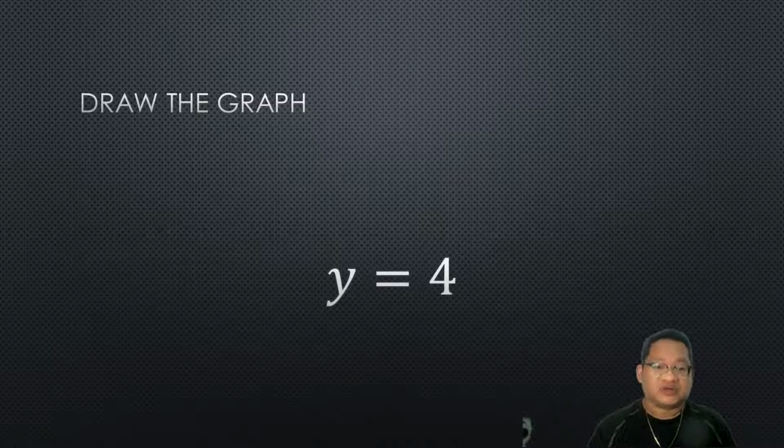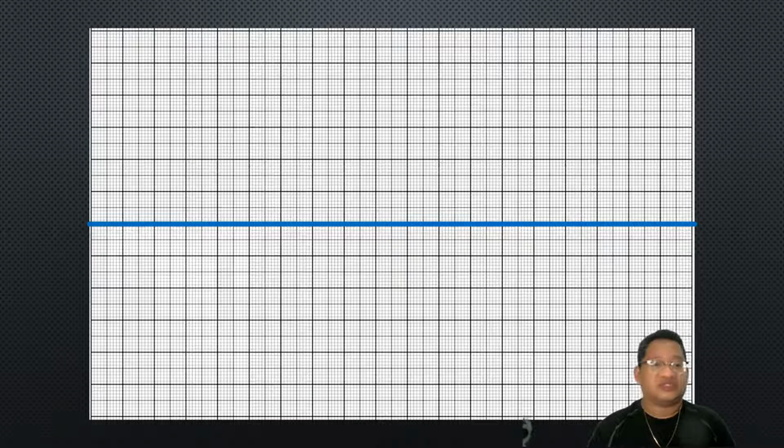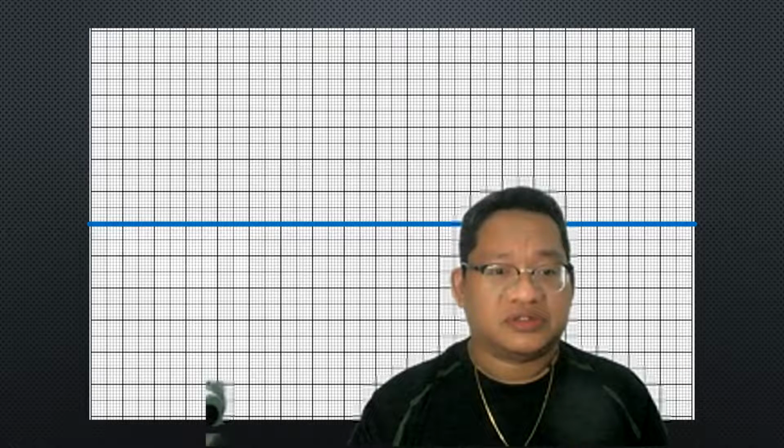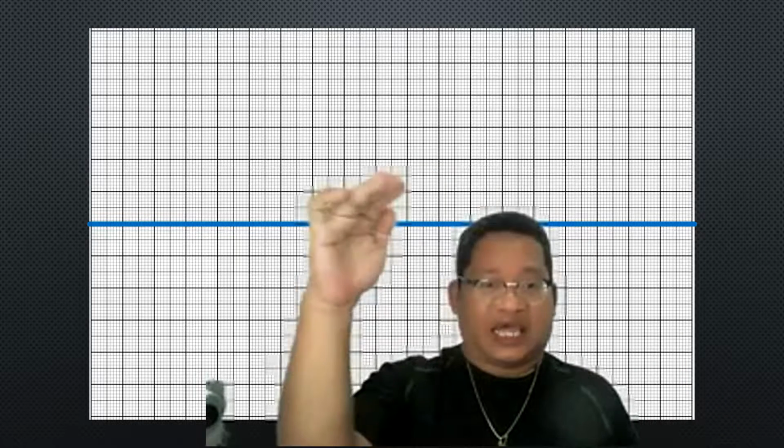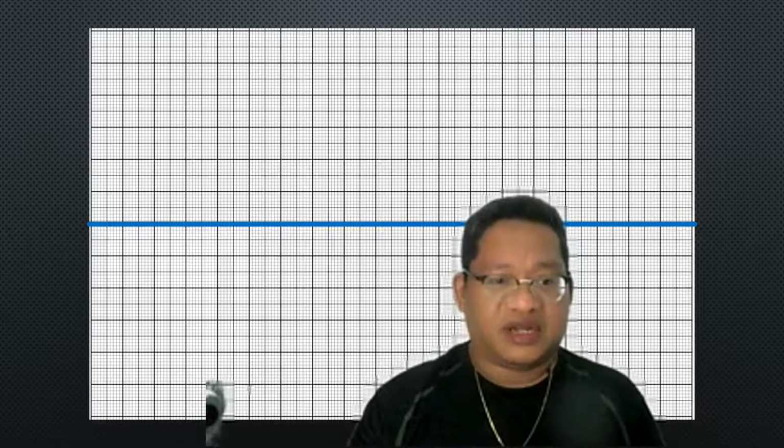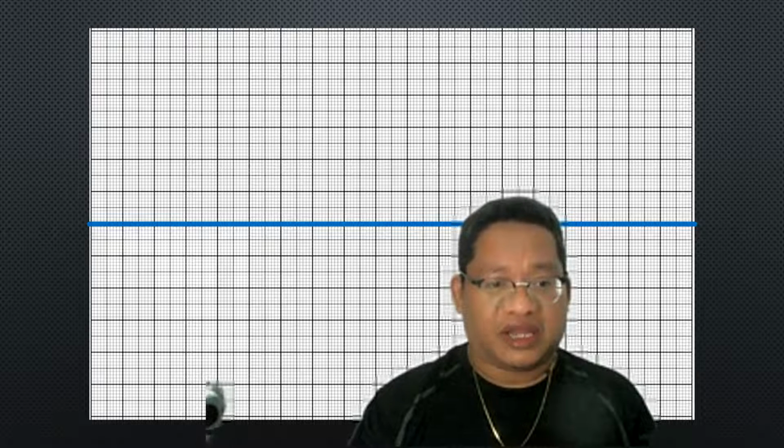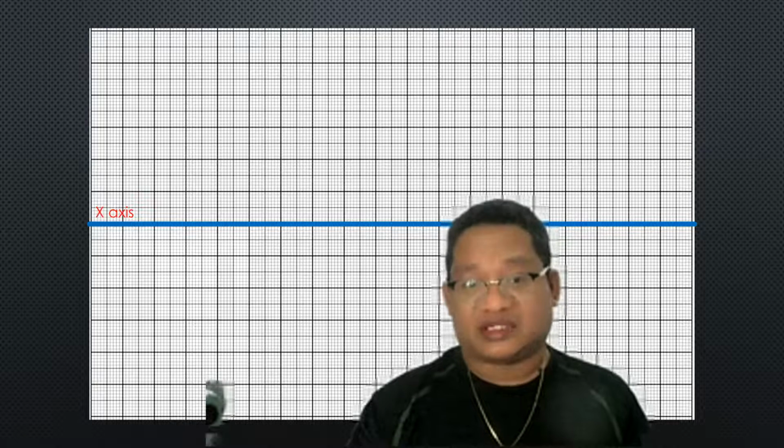So in y is equal to 4, the first thing that you need to do is take your graphing paper and draw the x-axis, right? Then you draw that horizontal line and label it as the x-axis.